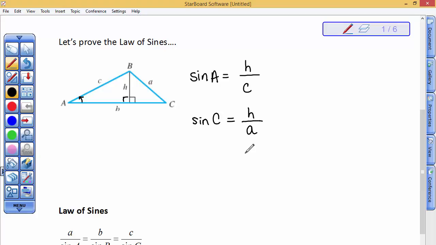Remember, two right triangles make up this big blue triangle, but each of these share a letter in common. It's the letter H. It's called the altitude. I'm going to get that letter H alone in each case.